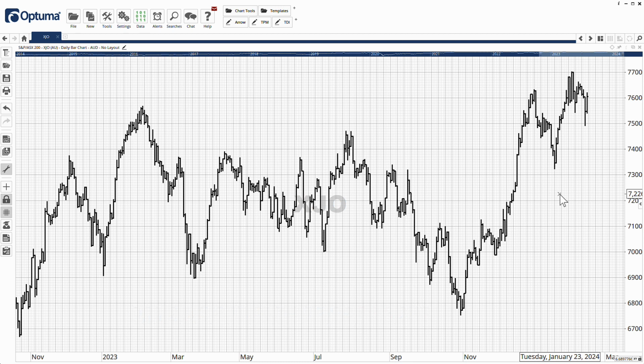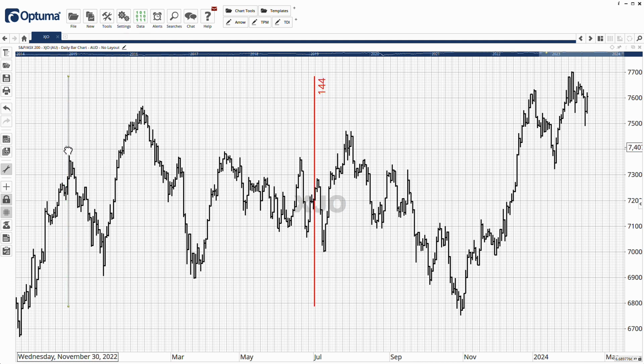Now, to give you an example of what we're talking about here, in Optima there's several ways of doing it, but I'm just going to show you today the trading day intervals tool. If I click and put this on any particular point, whether it's a high or a low, I'm going to simply draw a line 144 trading days from the starting point.